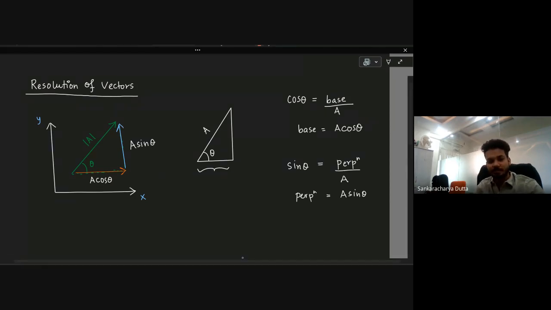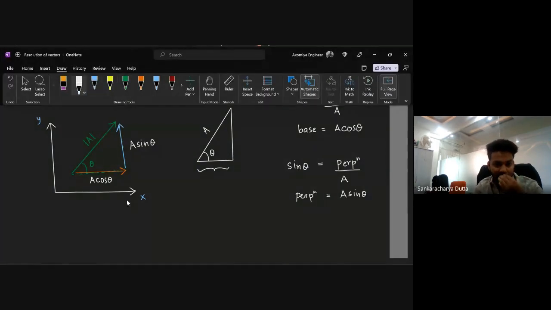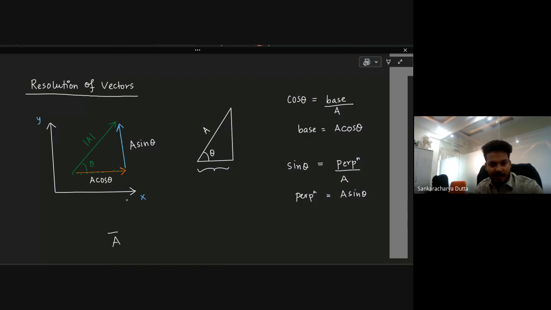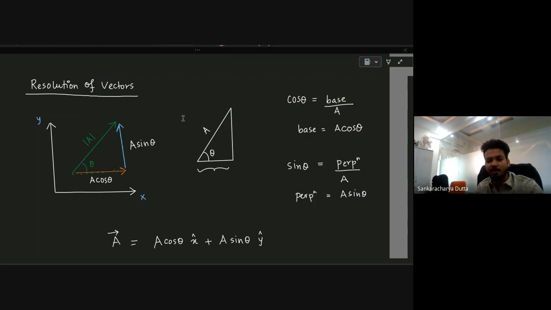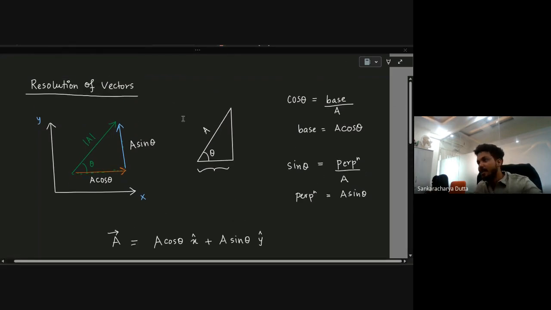So the A vector that I initially had can be written as A cos theta x cap plus A sine theta y cap. Tell me if whatever I wrote here makes sense to you. If it does not, please ask.